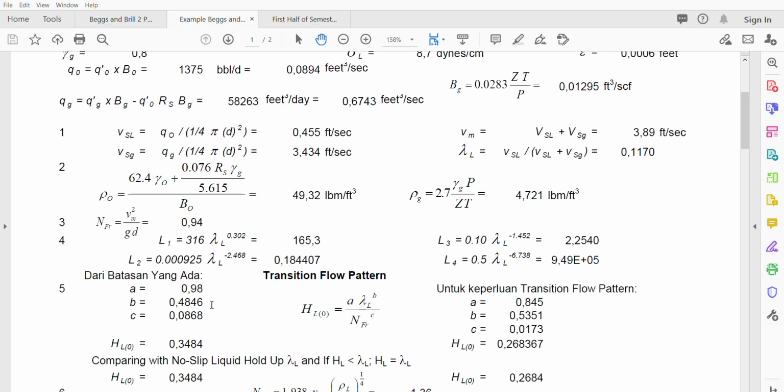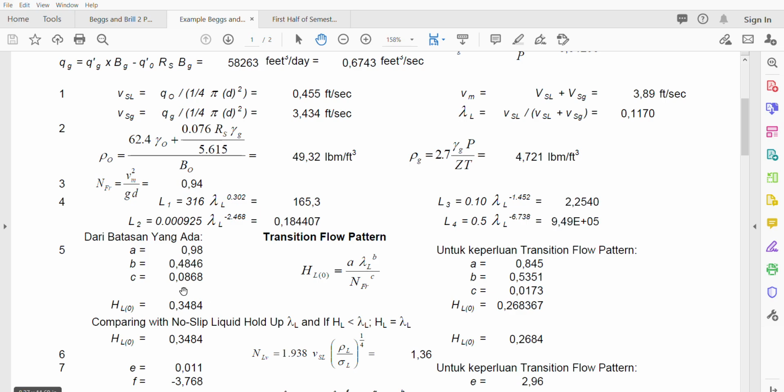First what you do is see that, okay, I have to calculate the transition.